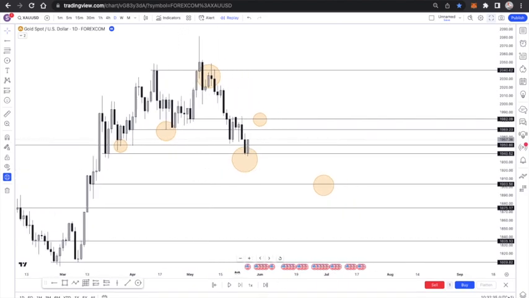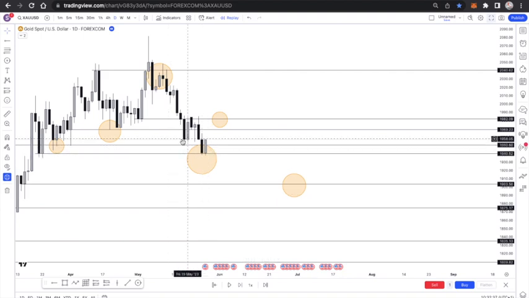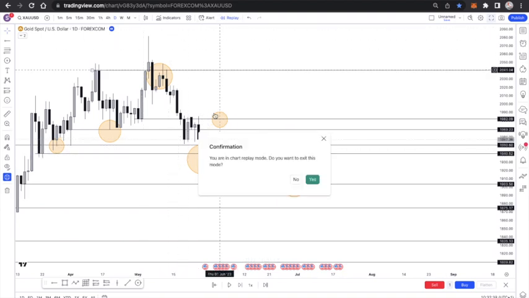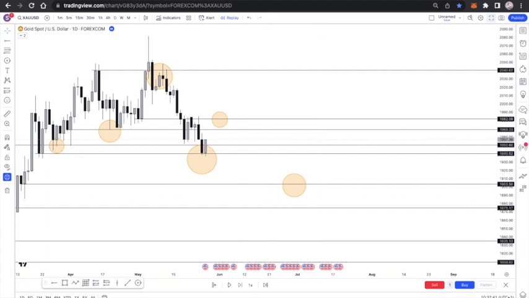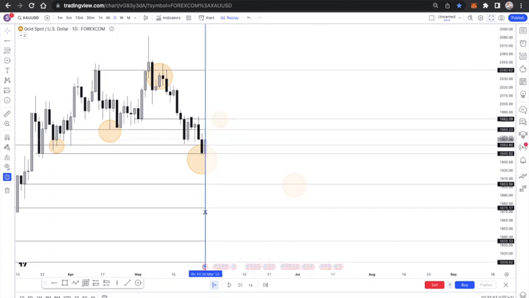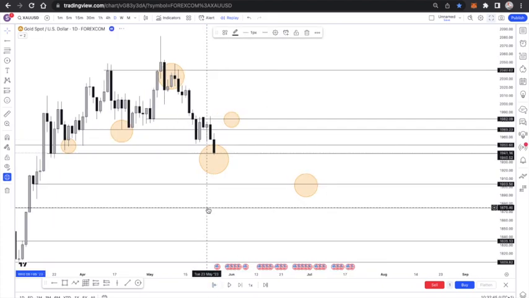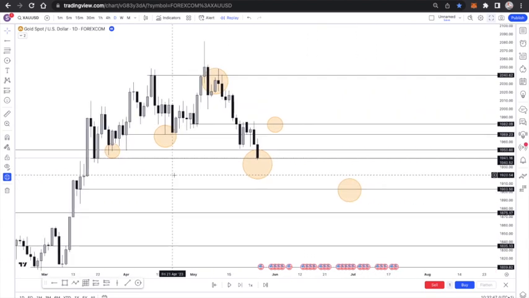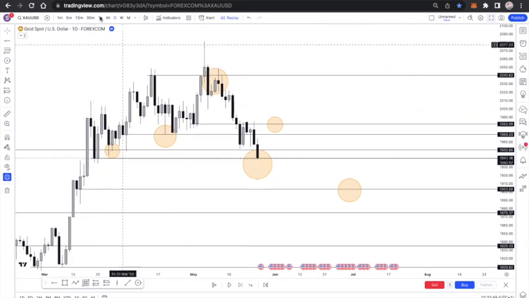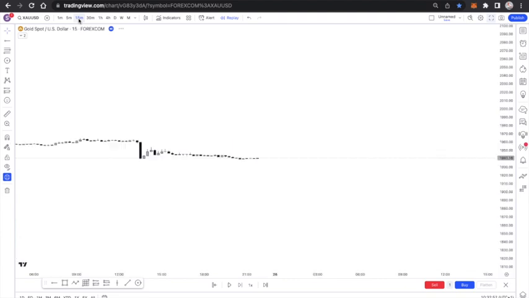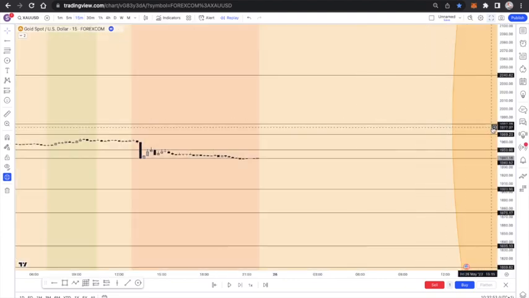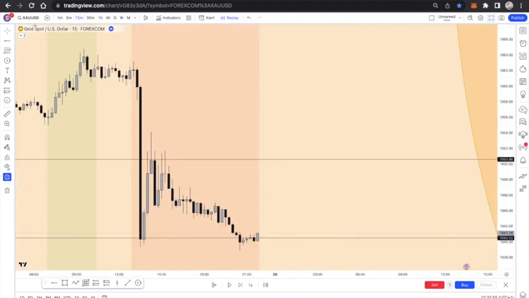Okay, here in this area, you see how price reacts. You see how price reacts from this point of liquidity. You can go to the lower time frame, 15 minutes, and everything.